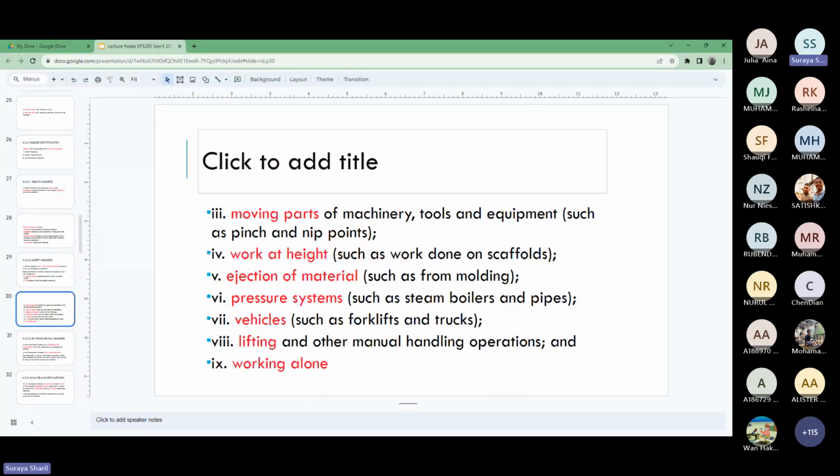Another one, maybe this is something we are all familiar with, vehicles, forklifts, trucks.